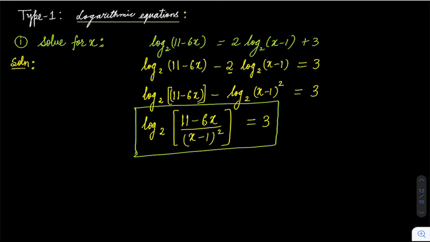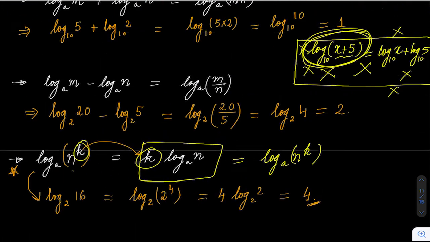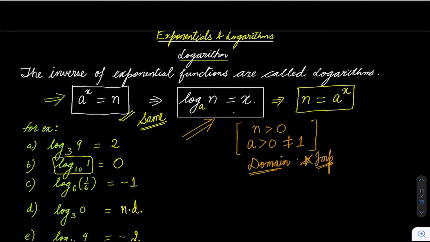Okay, now next is, we have just discussed this in the start. If you have a logarithmic equation, you should know how to convert it into an exponential one. So we say it like this: a raised to the power x equals n if log n base a is equal to x, right? We write it in this form.